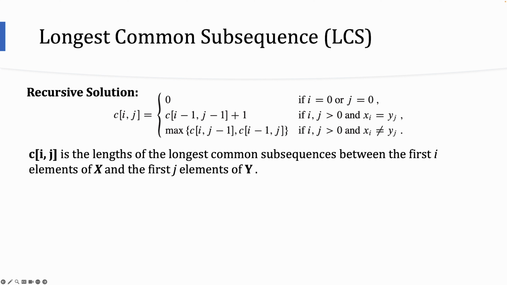If the last two elements are the same, then your subproblem is going to be finding the LCS for a smaller version of X and a smaller version of Y. And otherwise, if the last elements are different, we're going to look for the longest common subsequence in either X and a smaller version of Y, or a smaller version of X and Y, right? Okay, so that is the structure of the problem that we're dealing with. Now, we just need to find the right order.